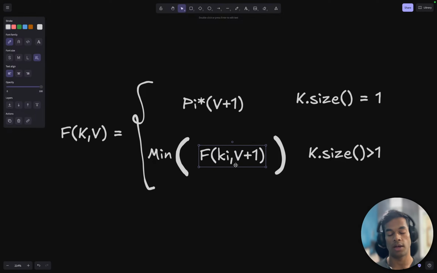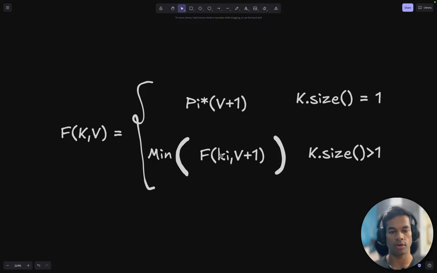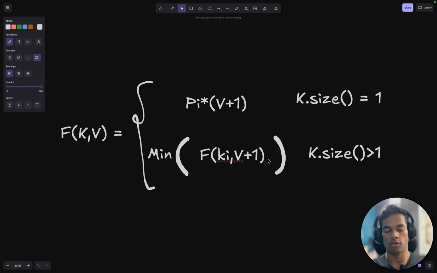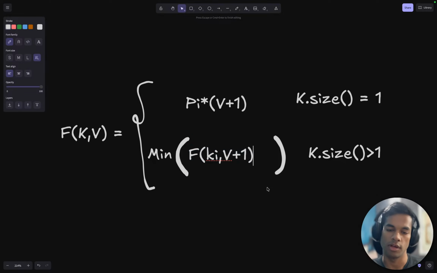Yep. And what do we return? So when we are at a base case, we just return pi into v plus 1. But when we are not at a base case, we find the value and then we have to do something with that value and the node that we chose. So we cannot just return this value. We have to do something with it.